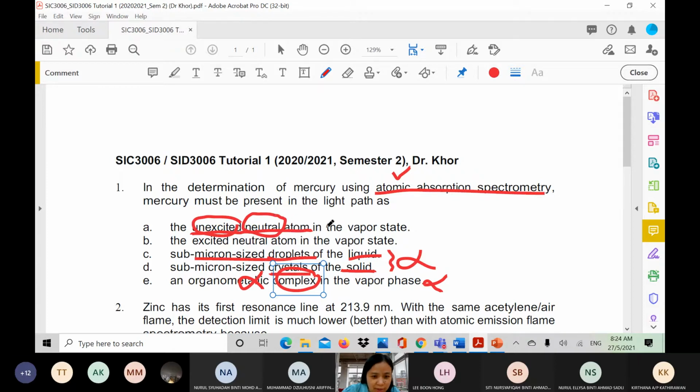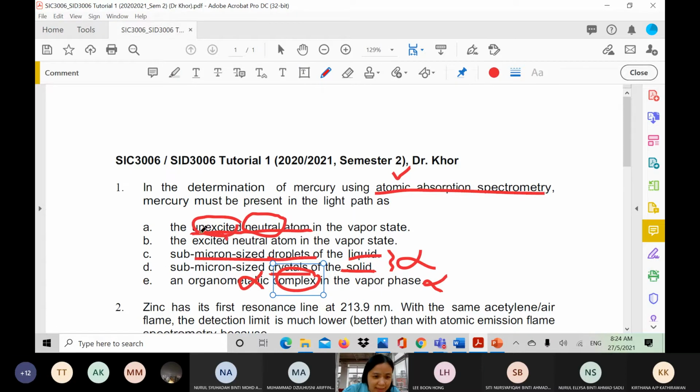When we do the atomization, it's just to convert molecules, from a complex, into a neutral atom, not ionized. Ionized is either a cation or anion, most of the time a cation, as in ICP-MS. So here it is neutral.